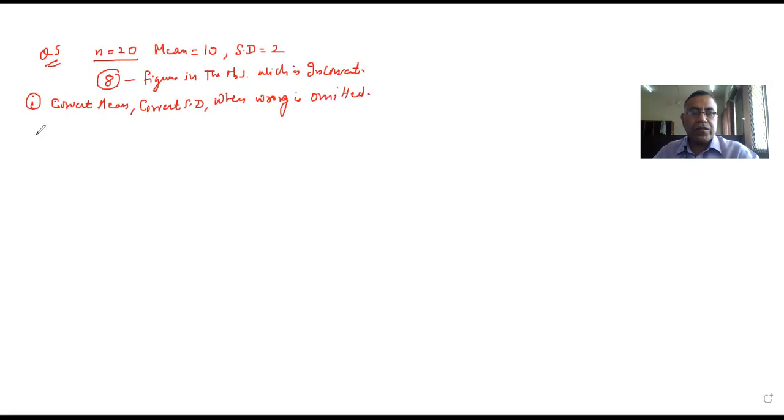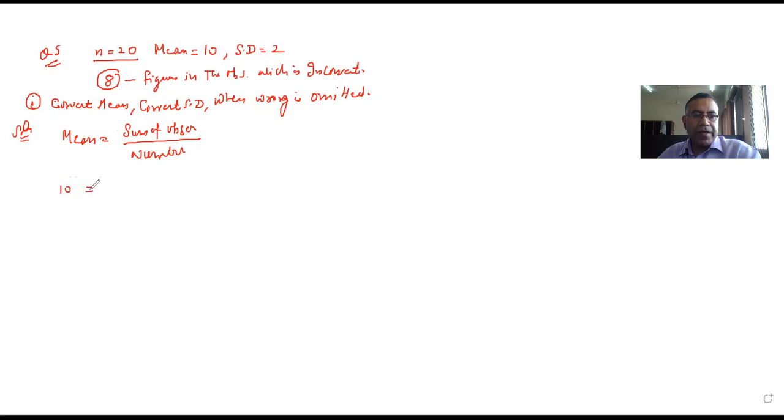Very good. Now first, mean is the sum of observations divided by number.